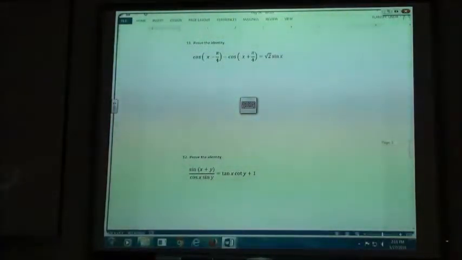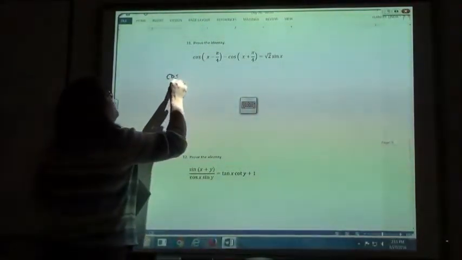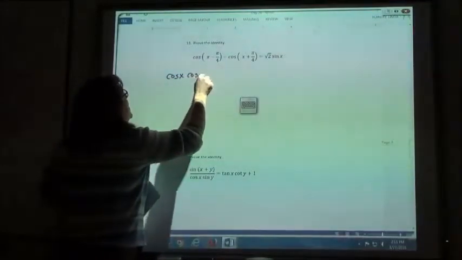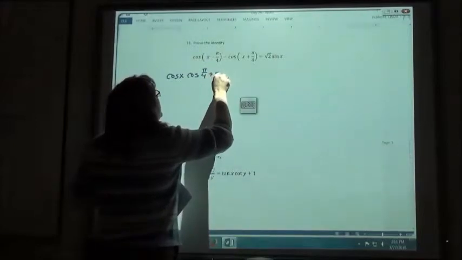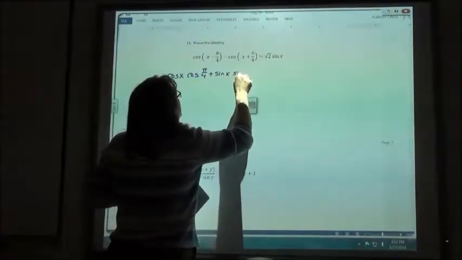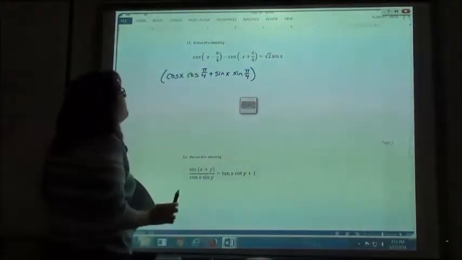So if we go ahead and do that, if I have the cosine of x minus pi over 4, I'm going to take the cosine of x, cosine of pi over 4, plus sine of x, sine of pi over 4. There's my difference.